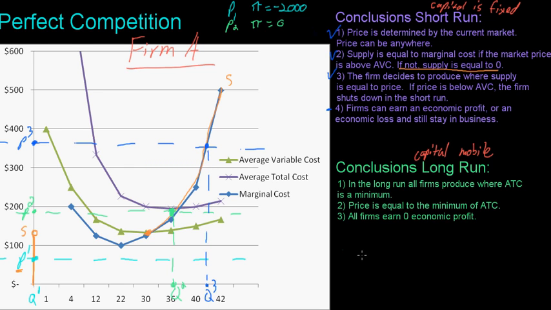This is equal to P times quantity, which looks like 41 to me. And again, I'm just making all of these numbers up as I go. Minus, so this is price times quantity, which is total revenue, minus average total cost, which looks like about 210, times, again, 41.